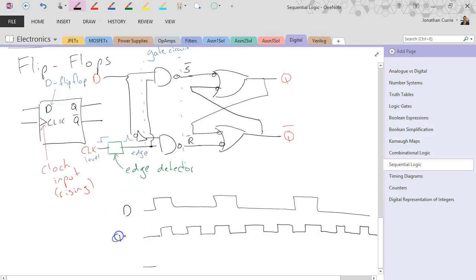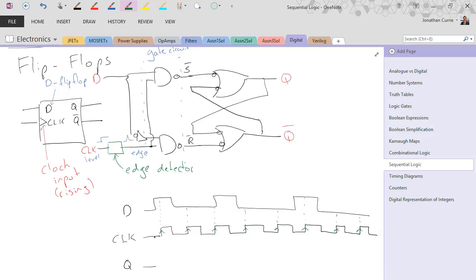So D, clock, and our output Q. Okay, I'm going to draw my construction lines. I'm also going to draw arrows, remembering that this one was rising edge triggered because we didn't have a bubble at this point here. So at every edge something could happen. So depending on what D is, when clock changes, that's when you'll see a change in the output of this flip-flop.